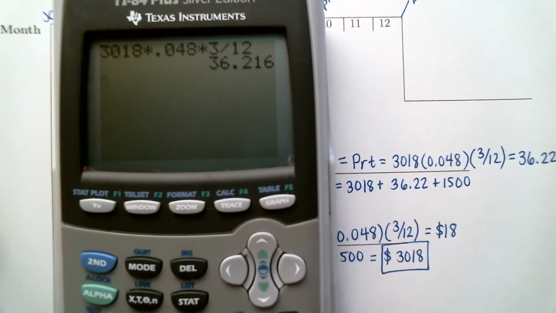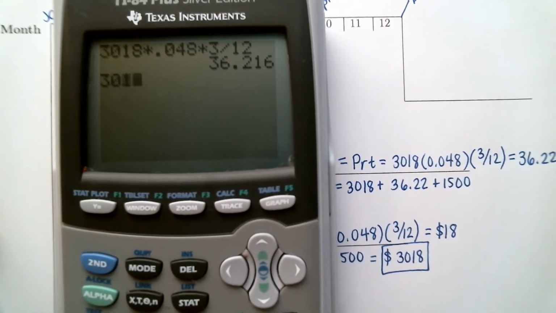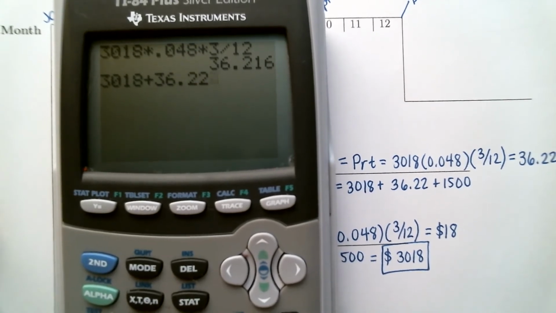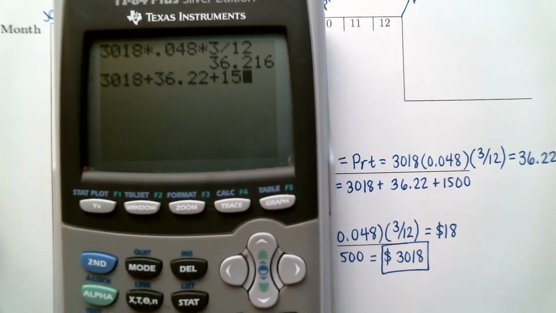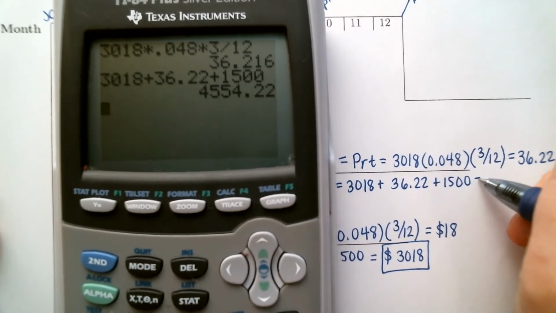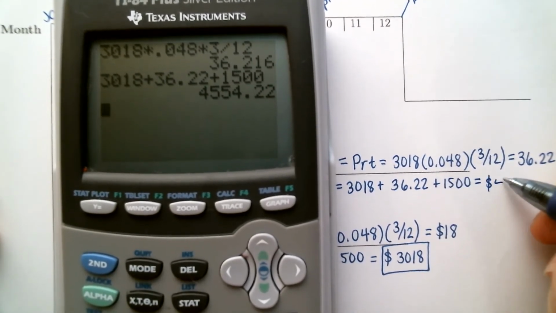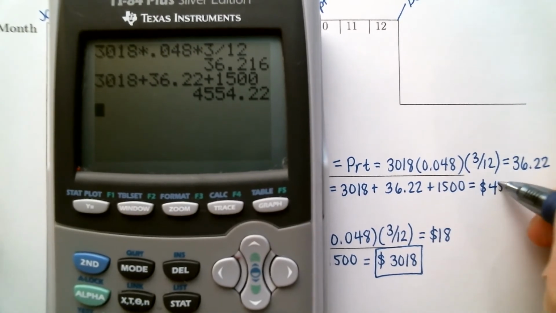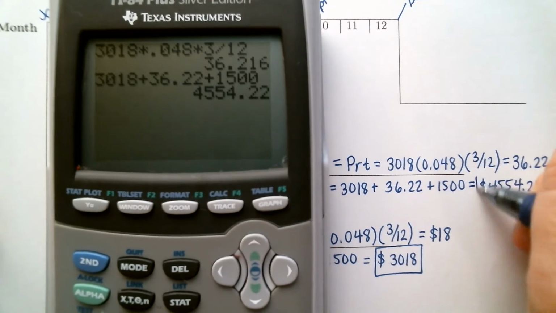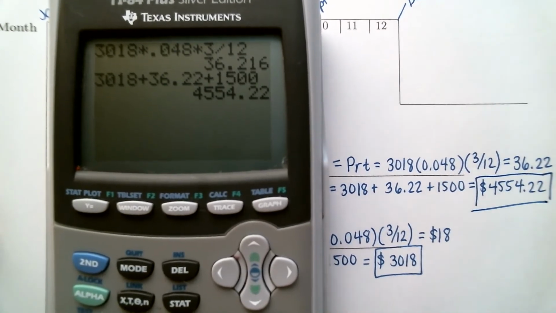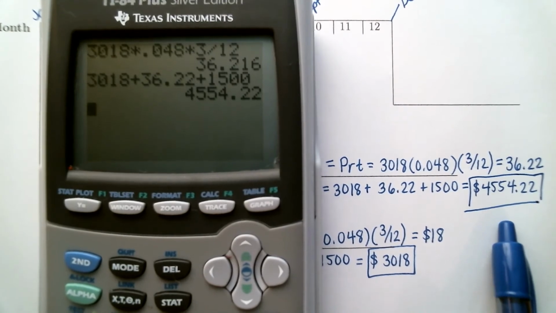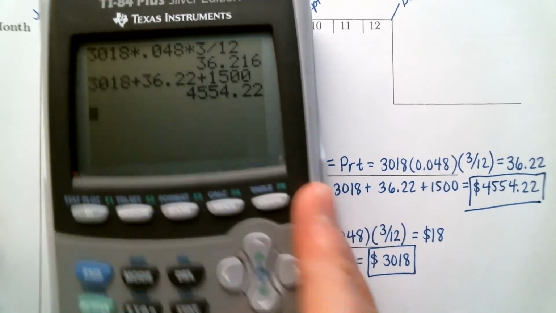We're going to do $3,018 plus the $36.22 worth of interest plus another $1,500 deposit. Okay, so at the end of quarter 3, you have a total of $4,554.22.